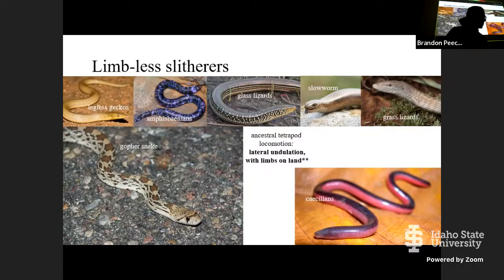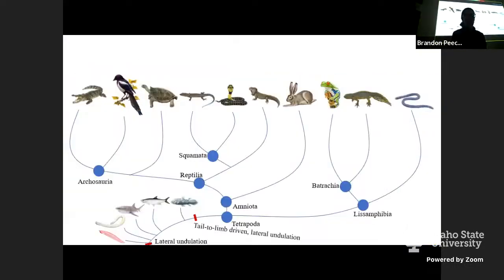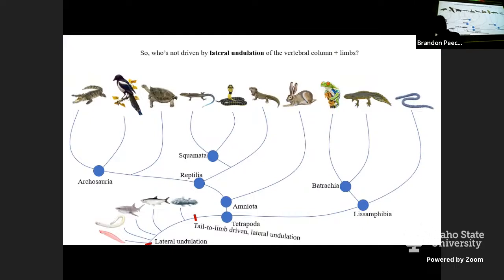So then, maybe the interesting thing to talk about is that many tetrapods are not driven by lateral undulation of their vertebral column and their limbs. So talk to each other for a second. Which of these animals are not being driven by lateral undulation of their column and their limbs?